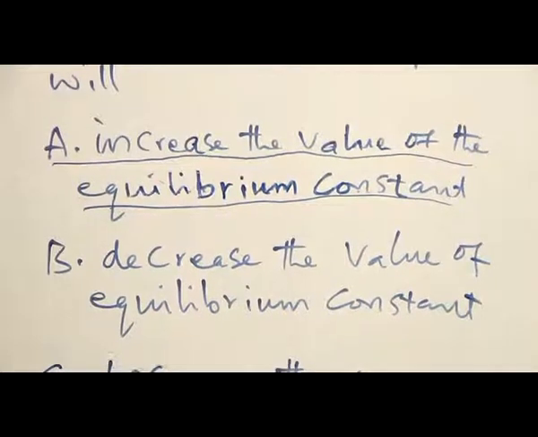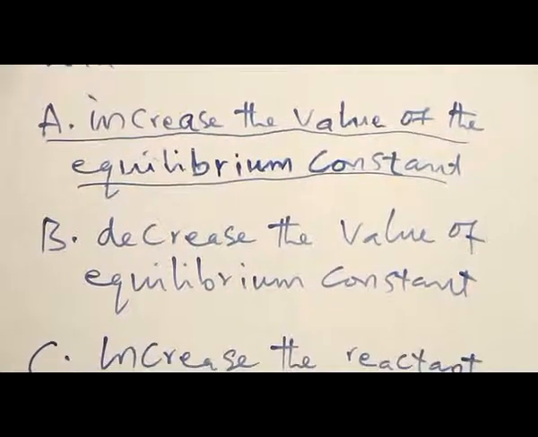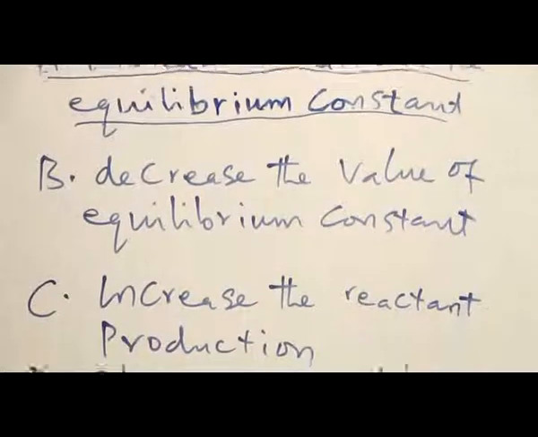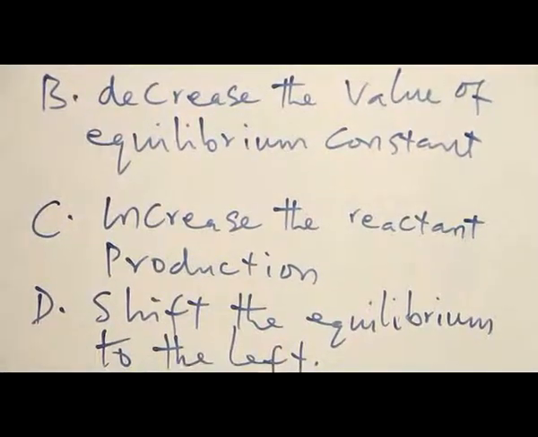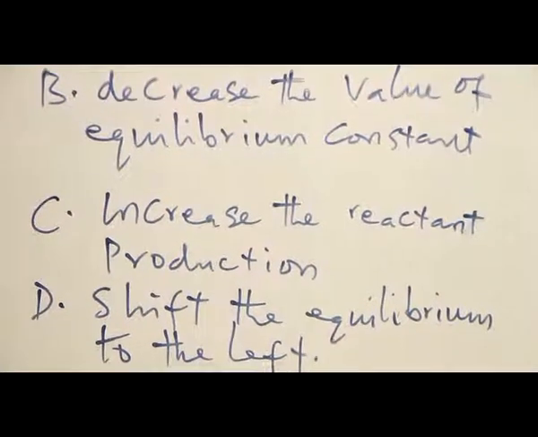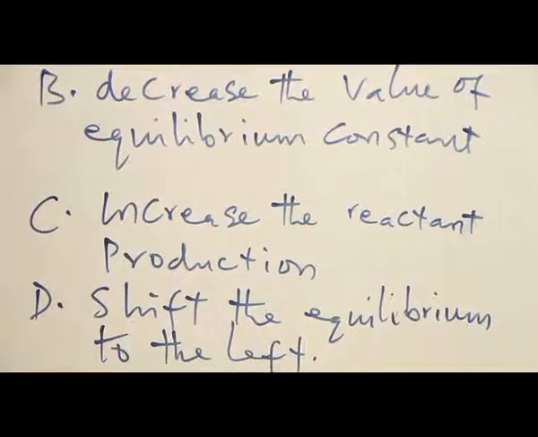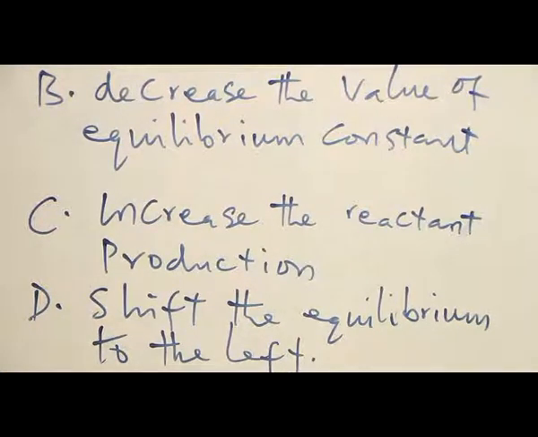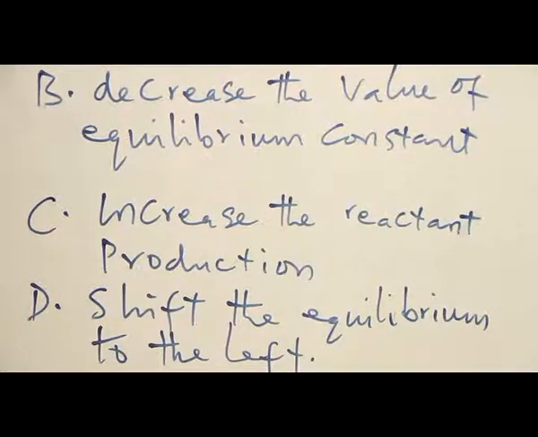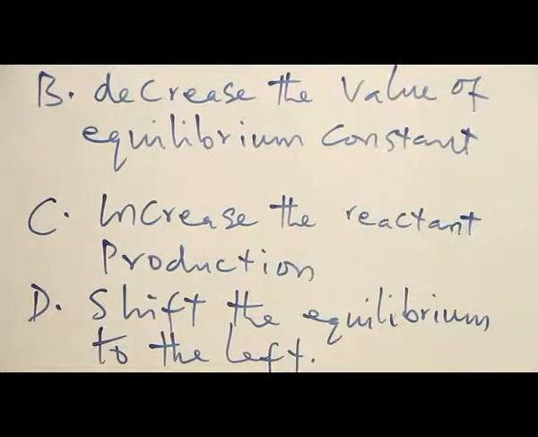Option B cannot be the answer because the equilibrium constant value is being increased, not decreased. Option C cannot be the answer because increasing the reactant production is not true. Option D, shift the equilibrium to the left? No, the equilibrium is shifted to the right.